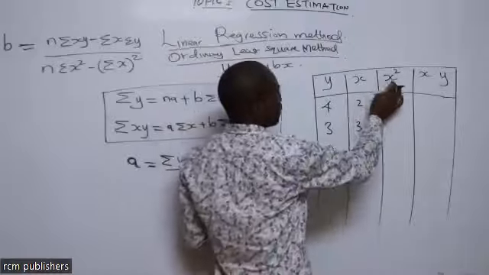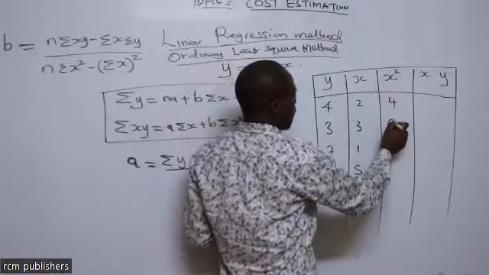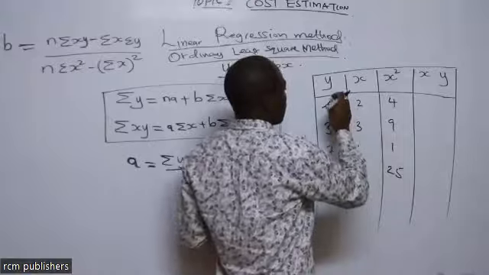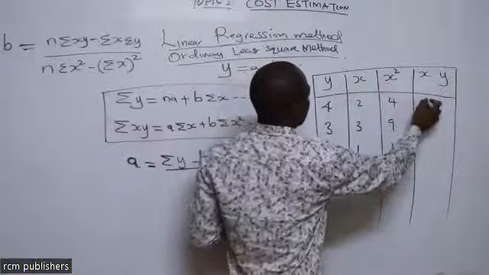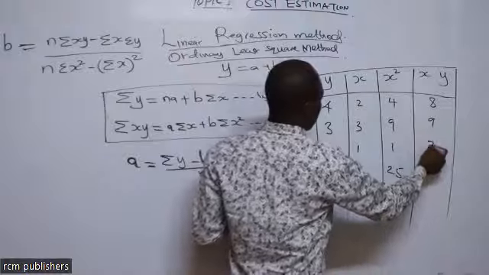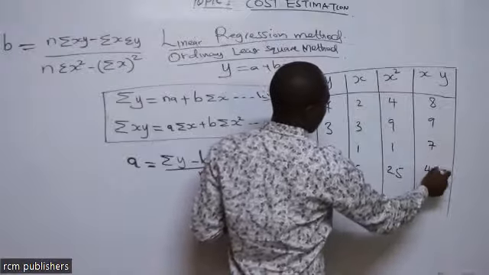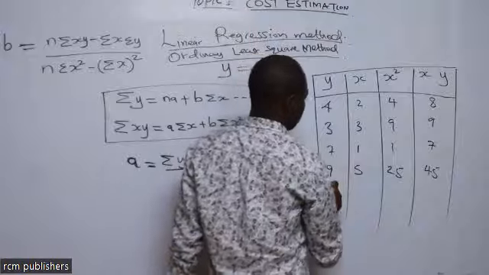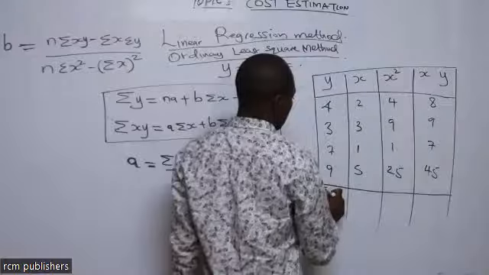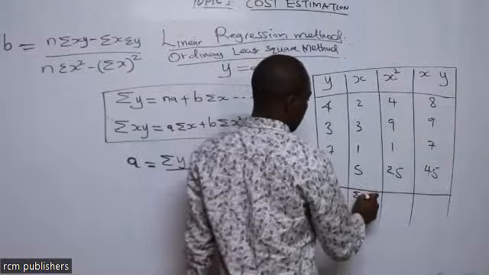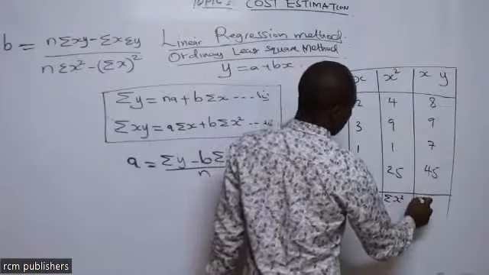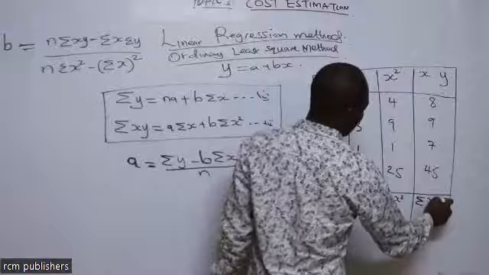So X squared will be this one here, 4, 9, 1, 25. XY will be 8, 9, 7, 45. Then down here, we now get the summation. So here is summation of Y, summation of X, summation of X squared, summation of XY.